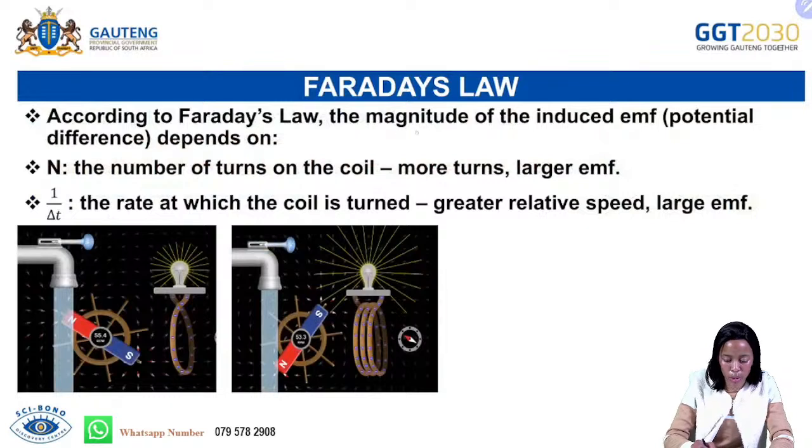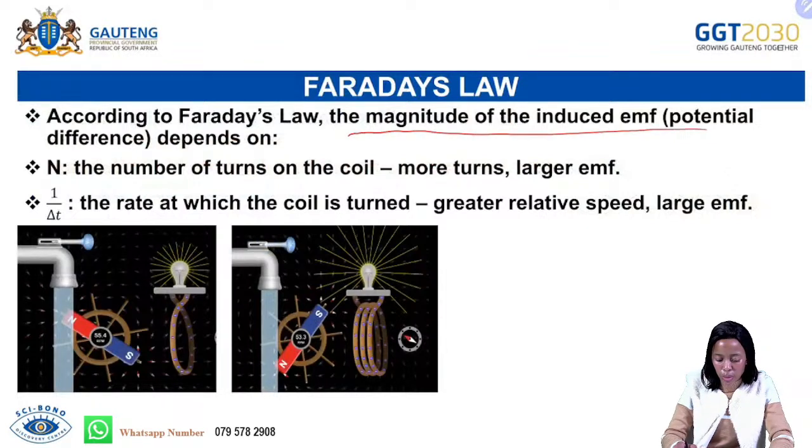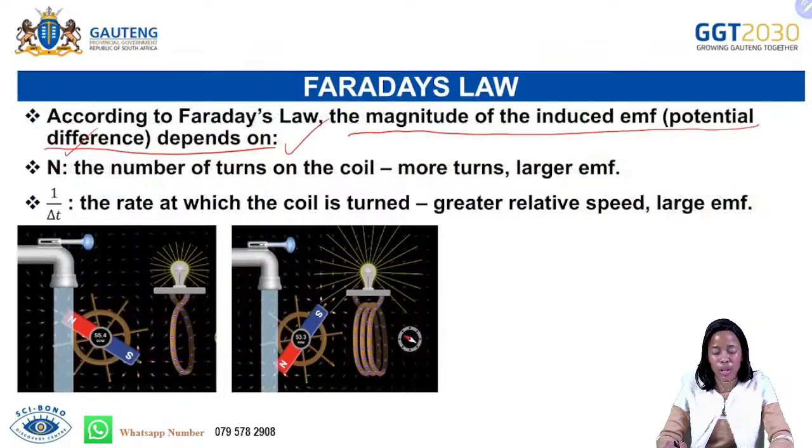Now it says, according to Faraday's law, the magnitude of the induced EMF, or the potential difference, depends on the following. We have N according to the formula, and N is the number of turns on the coil.